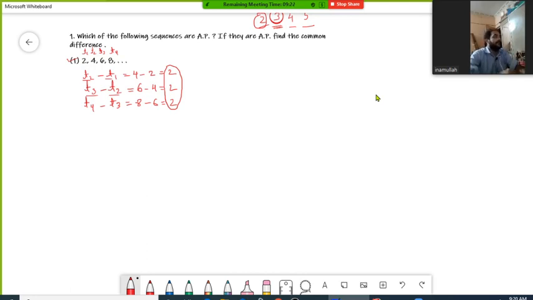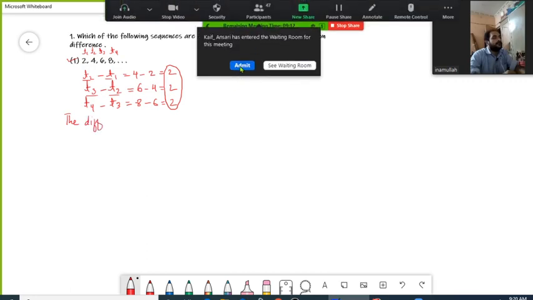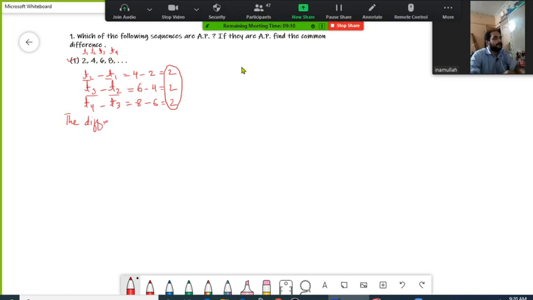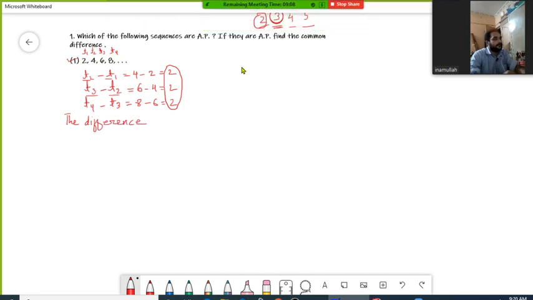So here I will say the difference between two consecutive terms is constant.